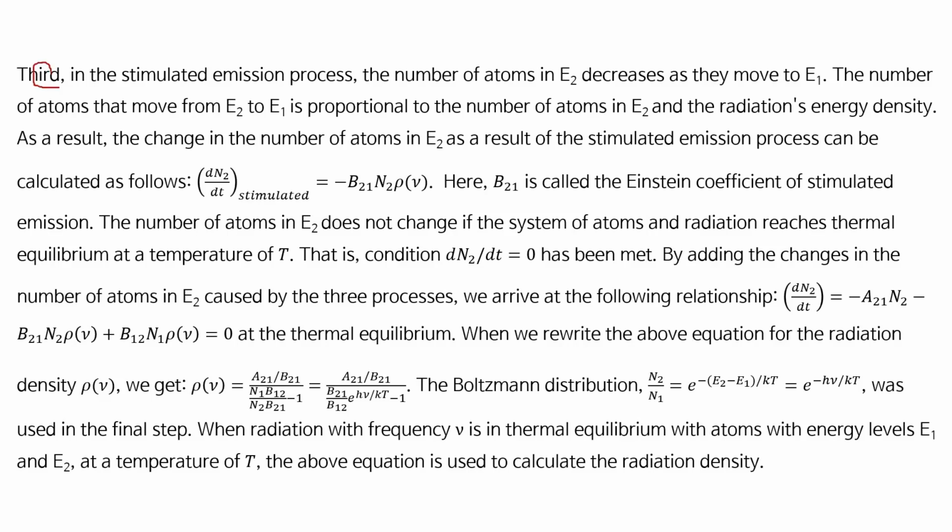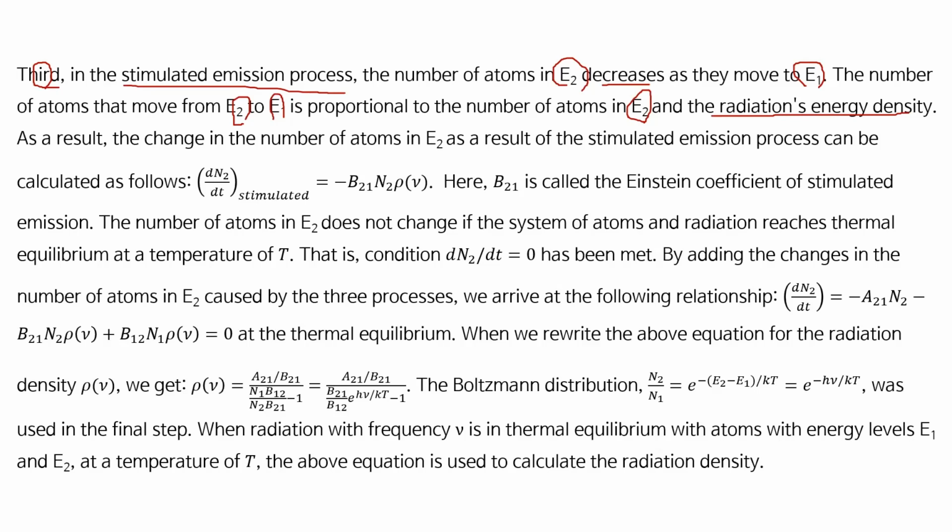Third, in the stimulated emission process, the number of atoms in E2 decreases as they move to E1. The number of atoms that move from E2 to E1 is proportional to the number of atoms in E2 and also the radiation's energy density.